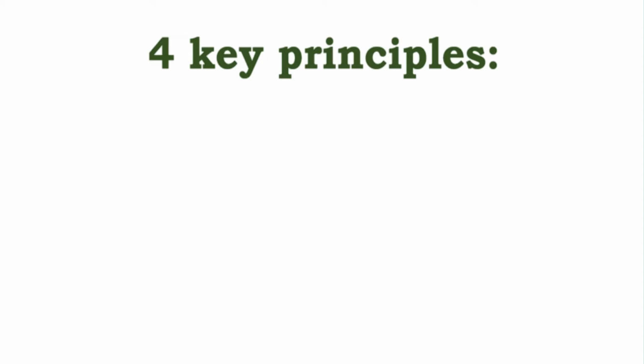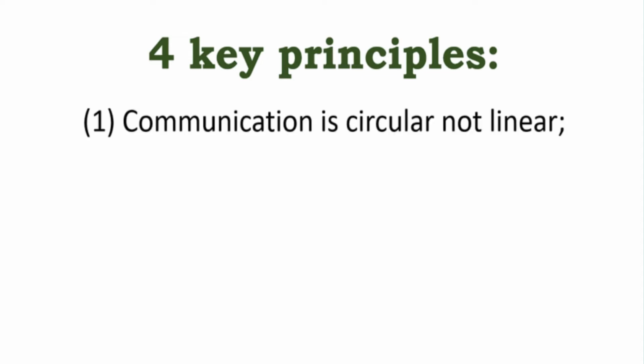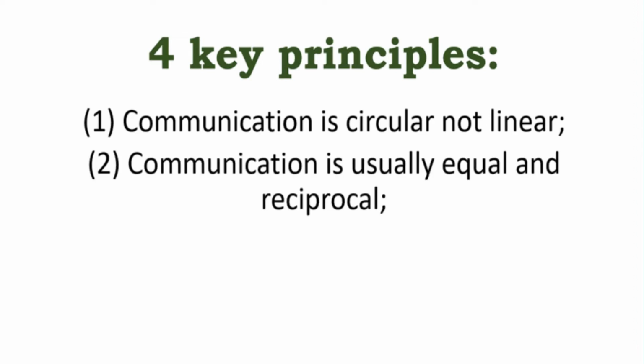The first one, communication is circular, not linear. So the listener can both receive and send messages. Next, communication is usually equal and reciprocal.